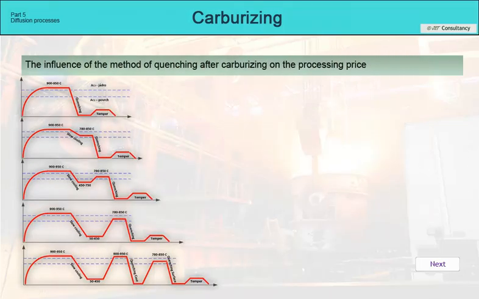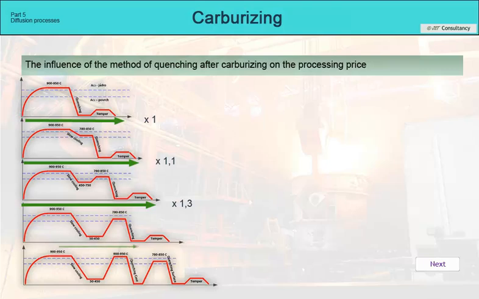The way we actually implement the process depends not only on the structural requirement, but also on the processing cost. If we consider the direct hardening process from the carburizing temperature as a reference with a value of 1, then all other variants will mean a process longer by 10, 30, 50, and 80%.